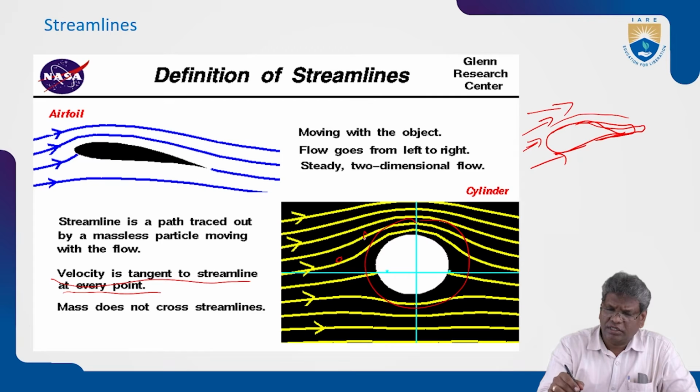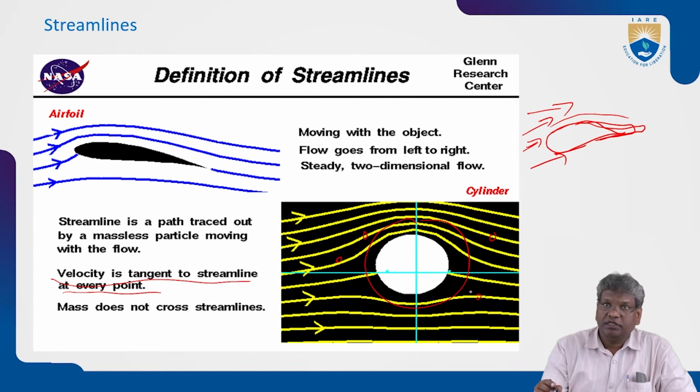You can take any point on the streamline, and if you draw the tangent at any point, that gives you the velocity at that particular instant. So velocity is tangent to the streamline at every point. Also, mass does not cross streamlines.